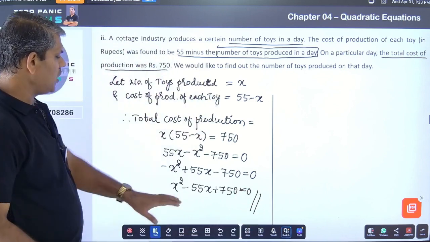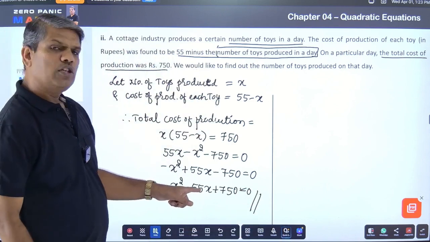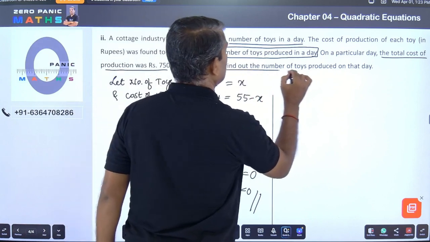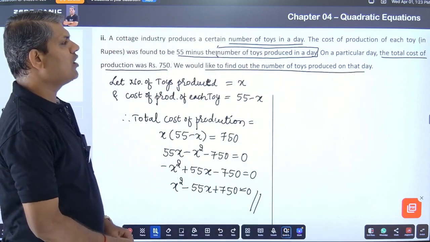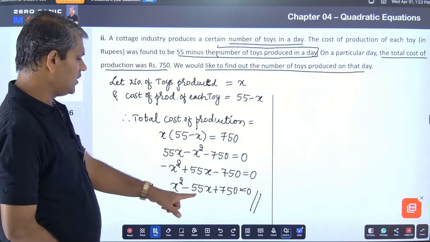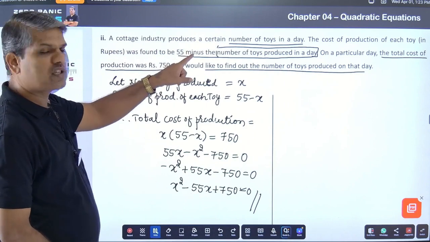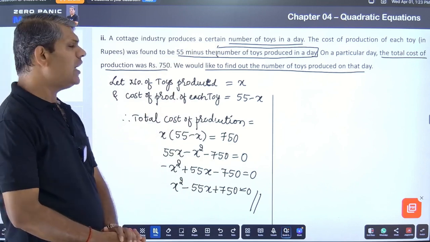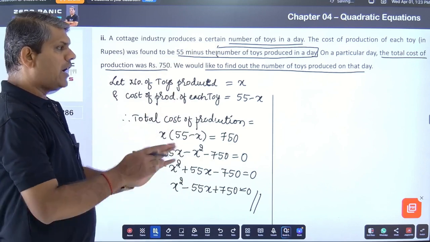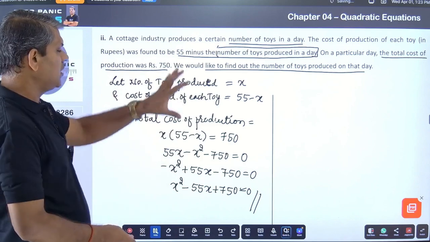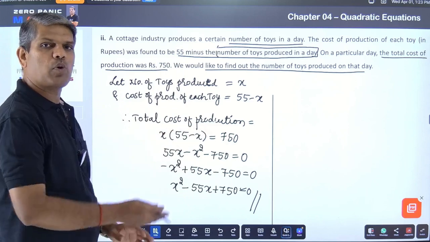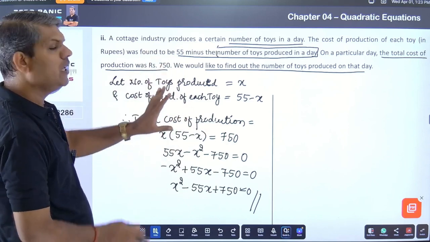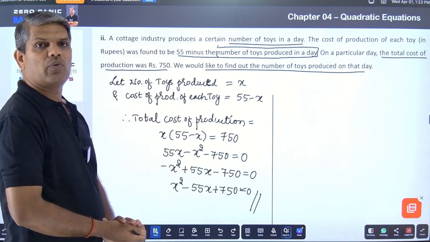So this is the equation to be resolved to get the final answer, which is the number of toys produced on that day. If you solve this equation we will get the exact answer. We are going to solve these questions in the exercise problems, but here in the examples we are just depicting them in the quadratic equation format.